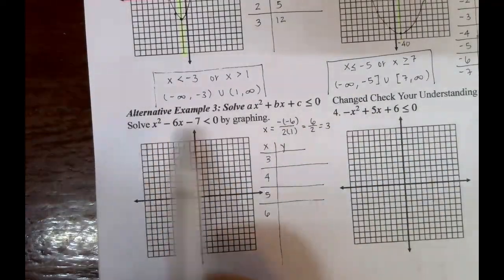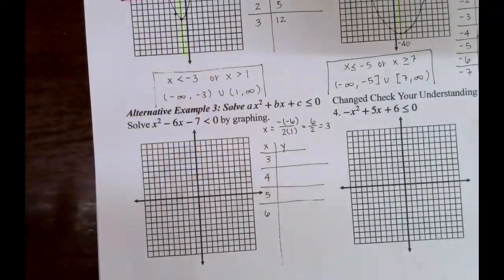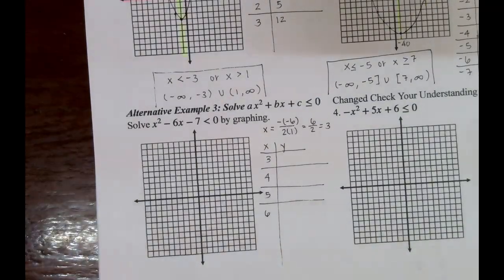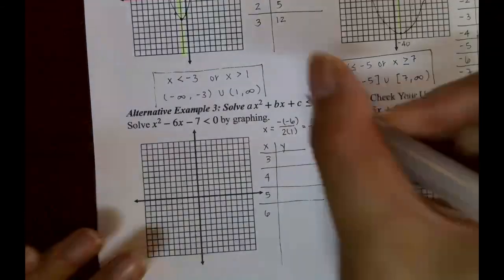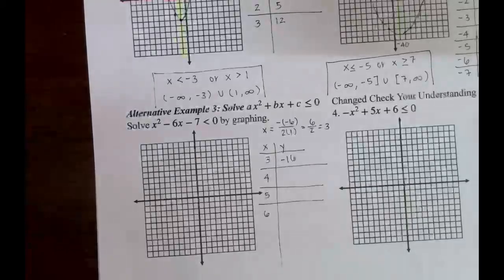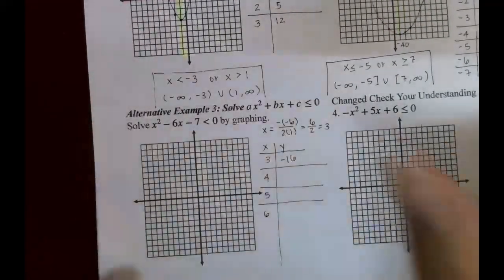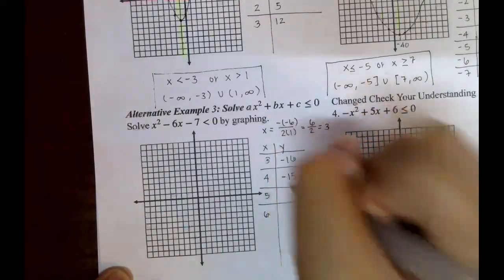Okay, so plugging in 3. 3 squared is 9. Negative 6 times 3 is negative 18, and then minus 7 is negative 16. Okay, then I'm going to plug in 4, so 4 squared is 16, negative 6 times 4 is negative 24, and then minus 7, negative 15.